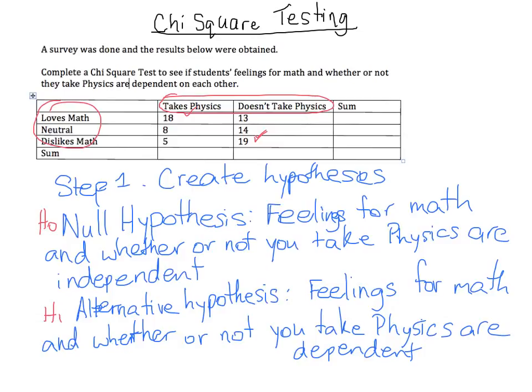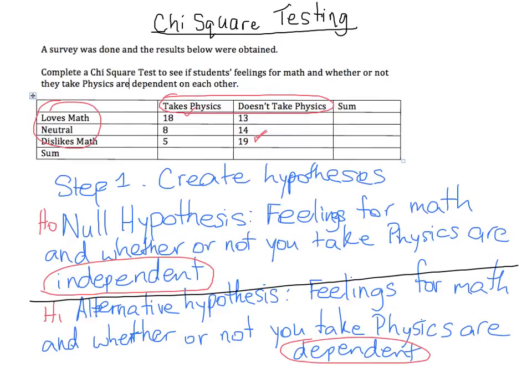So again, please remember that the null will always say that they're independent, and the alternative will always say that they're dependent. And again, we don't know which one of these is true. We're going to now do a lot of math to figure out which one is true. So let's see how this is going to work.